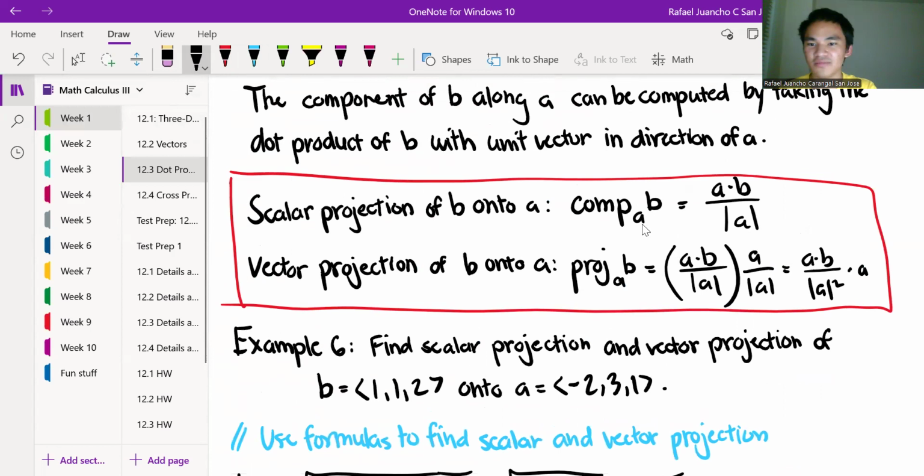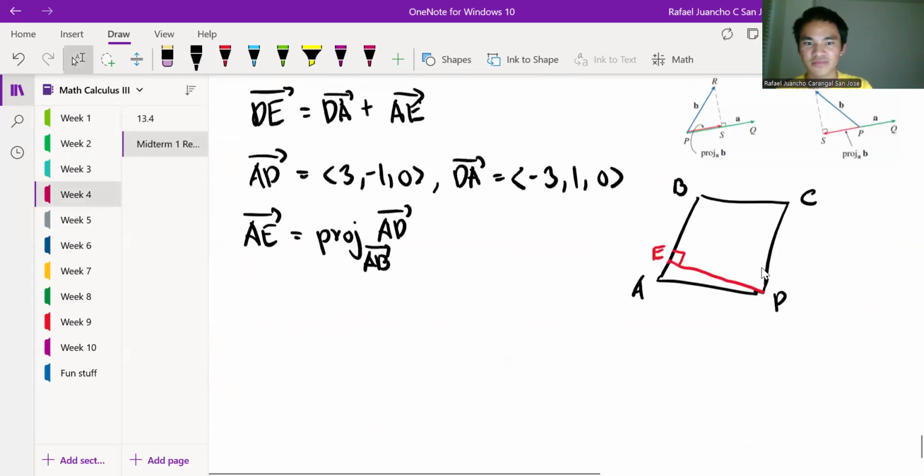Yeah, so it's comp AB, A over absolute value of A. So it's comp AB times the unit vector of the one being projected. B projects to A. So this is, again, we just plug it in.